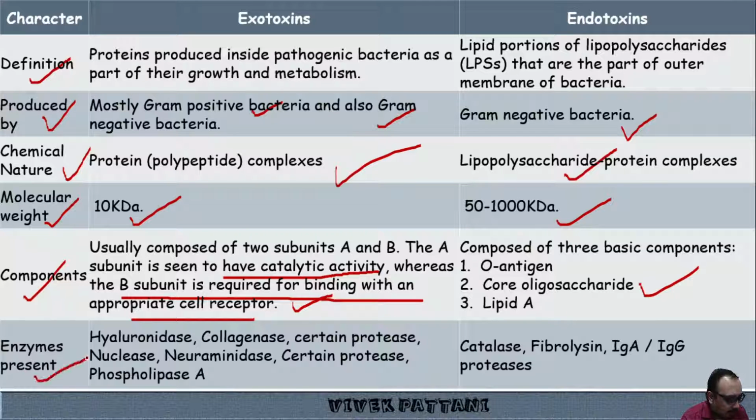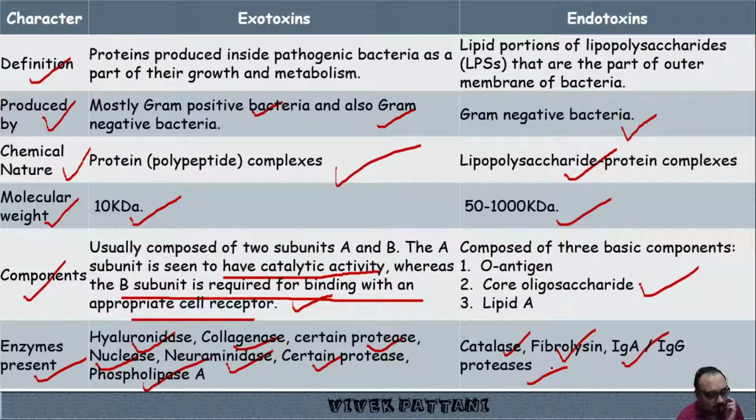Now, the presence of enzymes in the toxins, or more specifically the enzymatic activity, and which type of activity they may have. In the case of exotoxins, it may be hyaluronidase, collagenase, certain proteases, nucleases, neuraminidase, and phospholipase A. Whereas in the case of endotoxins, it may be catalase, fibrinolysin, or IgA or IgG proteases.